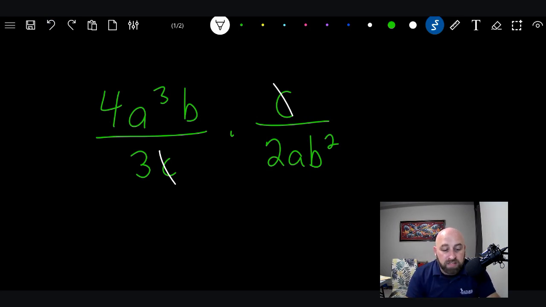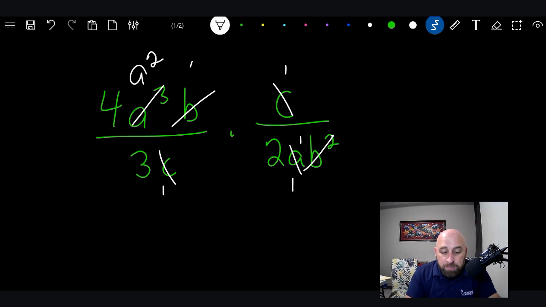All right, so C's cancel. What else cancels? That A cancels, and this A cancels to an A squared. You remember that, right? Because we subtract. Look at the B. This B cancels to a 1. Everything's canceling to a 1, by the way. It doesn't cancel to 0, so be careful of that.